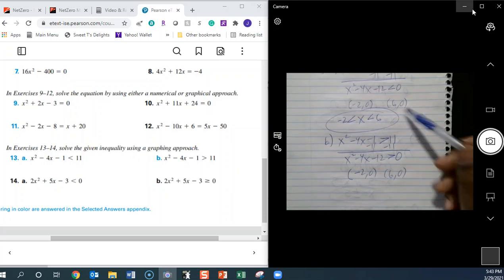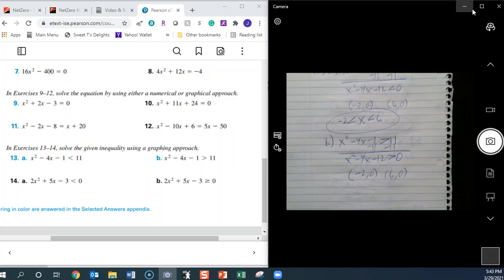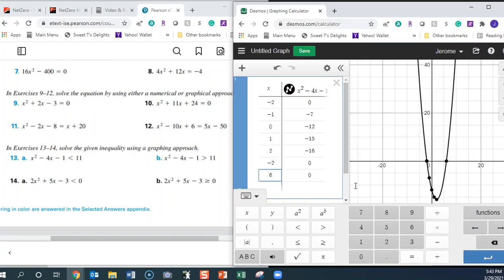The difference between these two values here is this here. Since this is greater than 0, that means we're trying to find the values that are above the x-axis. Now, these two values hit the x-axis. The values that are above are basically values of x being less than -2.